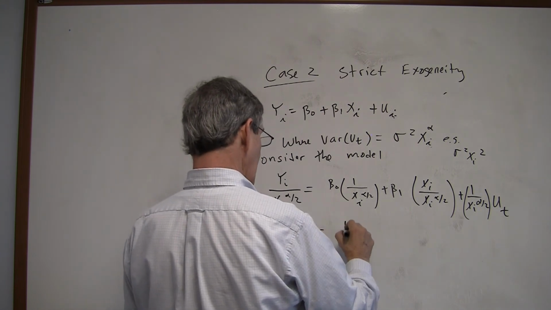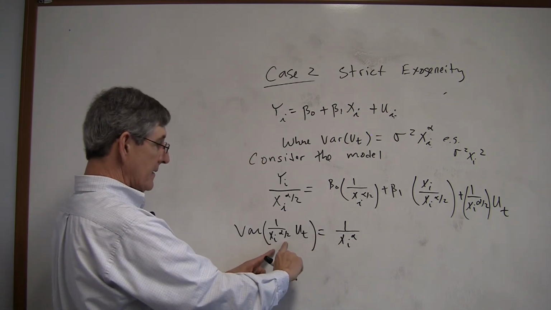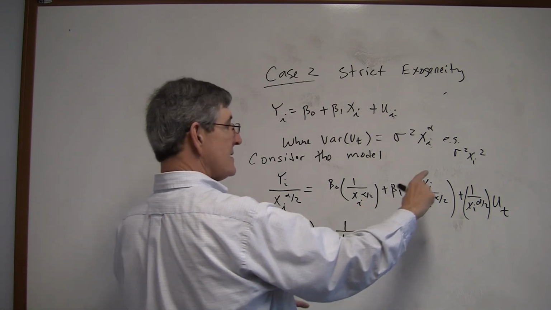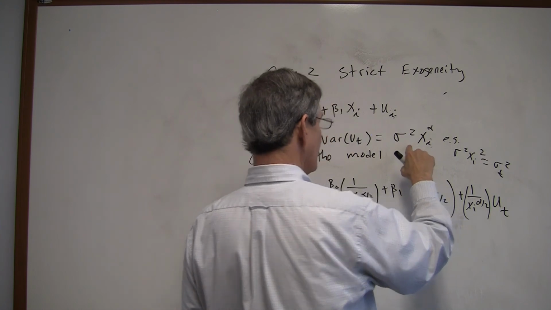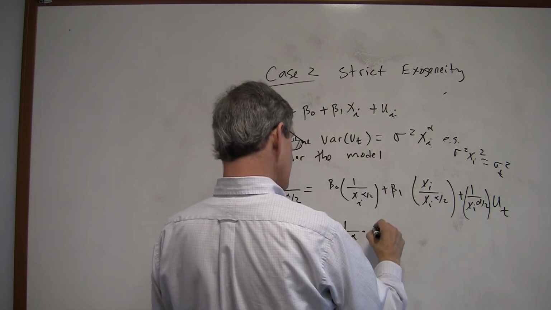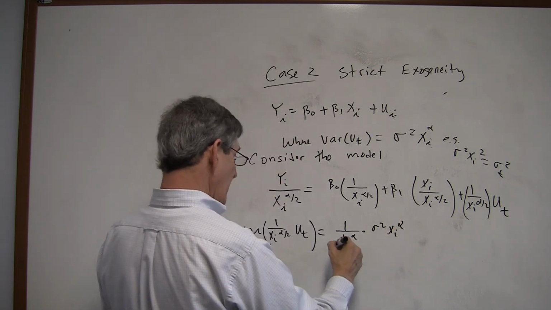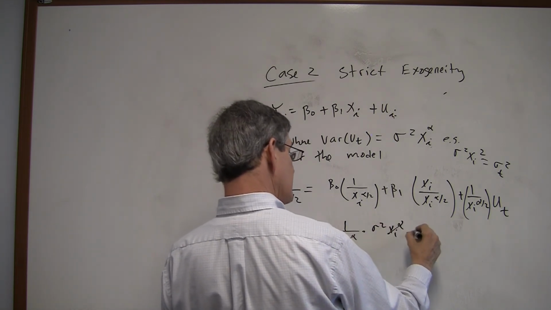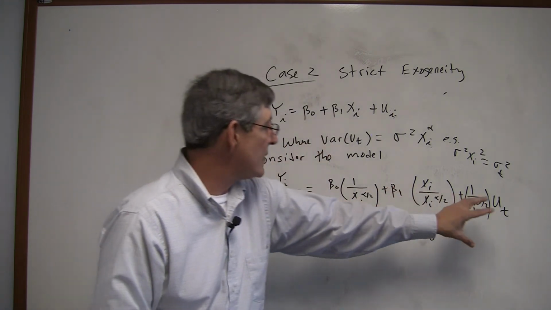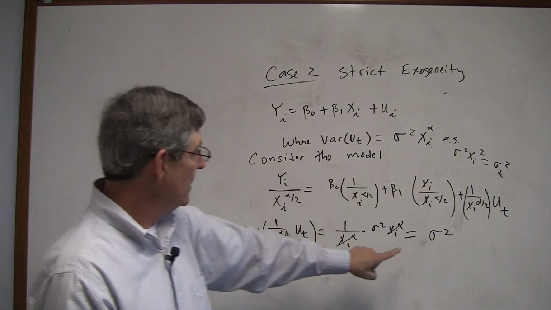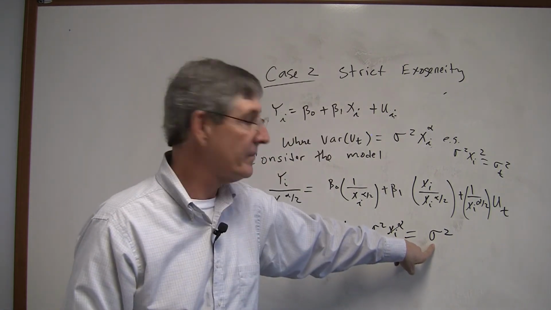That's going to be 1 over xi to the alpha, this squared, times this thing here, which is equal to sigma squared t, times sigma squared xi to the alpha. Those cancel, and so you get sigma squared. And so with this particular transformation of the model, you get a constant variance in the model.